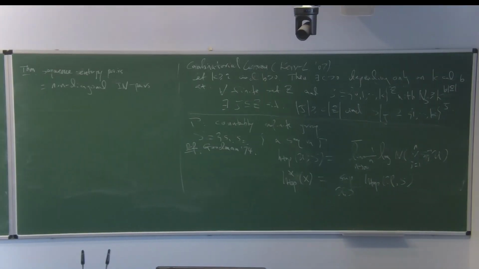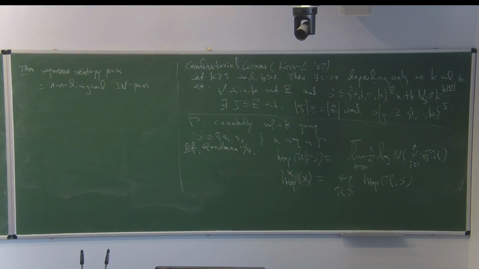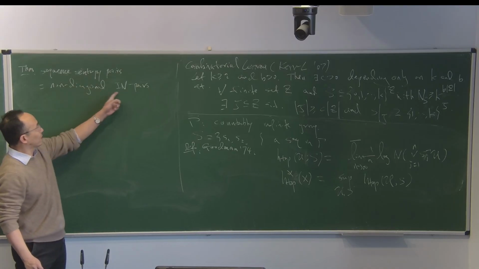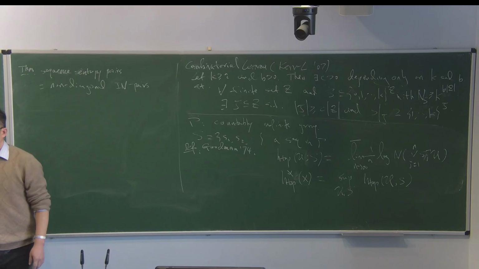The proof is really the same as what we had earlier for entropy pairs being equal to non-diagonal IE pairs.